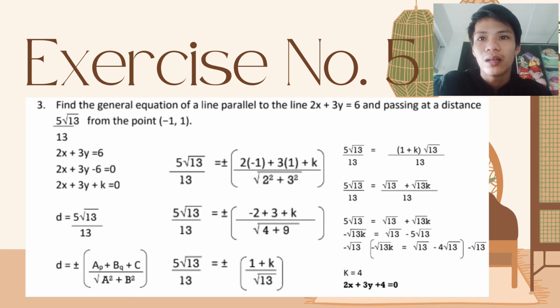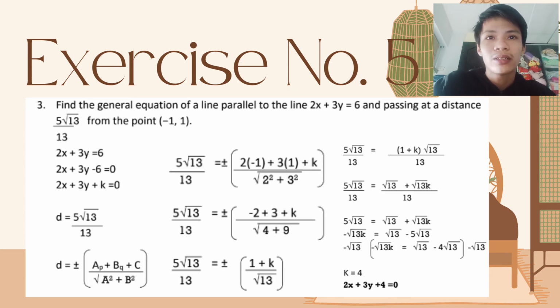Over square root of 2 squared plus 3 squared. Then, baba lang natin: 5 square root of 13 over 13 is equal to plus or minus (−2 + 3 + k) over square root of 4 plus 9. So, baba lang ulit natin: 5 square root of 13 over 13 is equal to plus or minus (1 + k) over square root of 13. Ganun ulit.